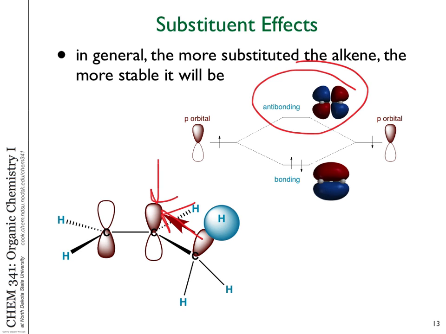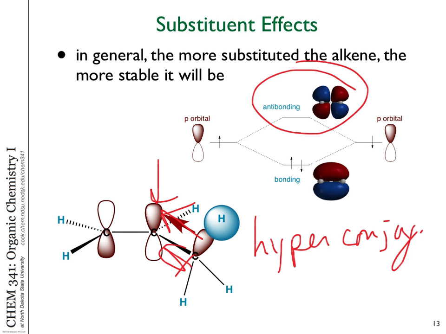So this is, again, what we refer to as hyperconjugation. That's one thing, and the electron donating ability of the carbon. So hyperconjugation, if you have more of that, that's an additive effect. The pi bond becomes more stable, lower in energy, harder to break if you have more and more substitution. Okay, more and more alkyl substitution.